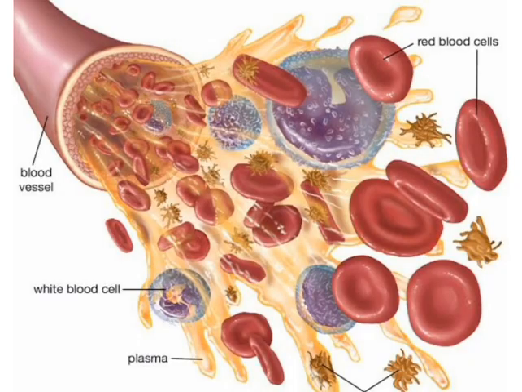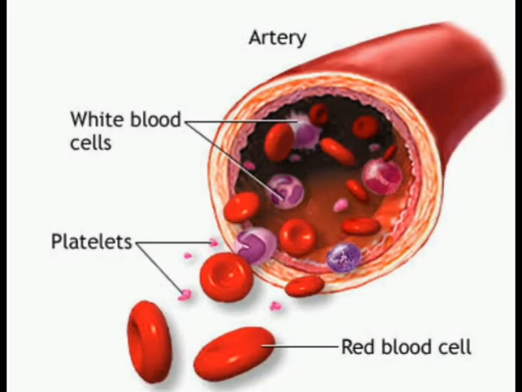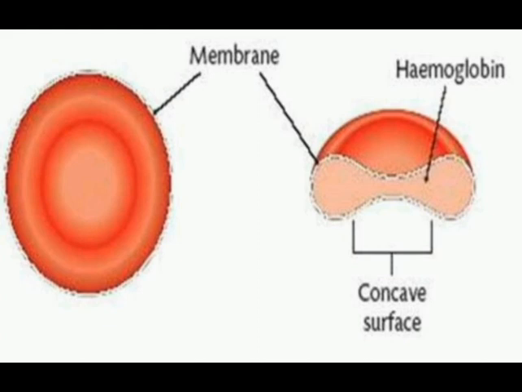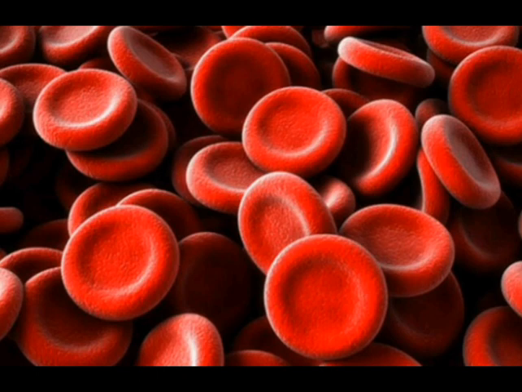Which are the different blood cells in plasma? RBC or red blood cells, WBC or white blood cells and platelets. What is the function of a red blood cell? It has the red pigment hemoglobin in its cytoplasm.